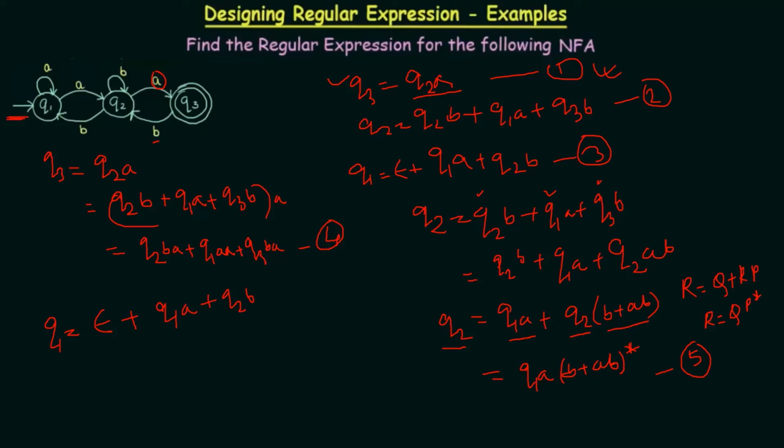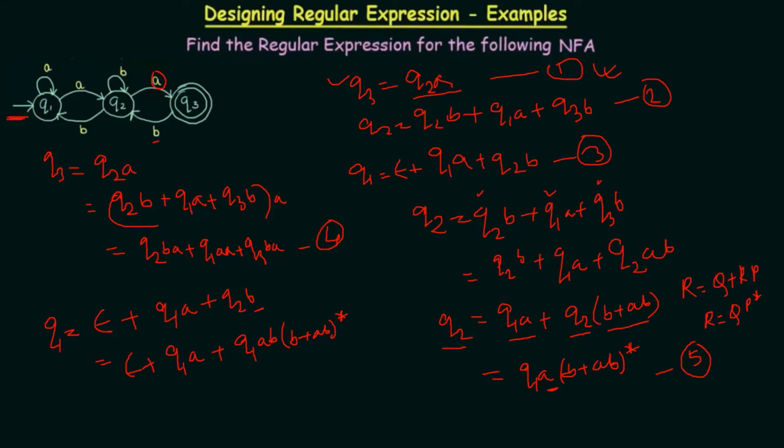Now I already have the value of Q2, so just put it over there: Q1A plus Q1A B into B plus AB star. I've just straight multiplied this thing with this B.